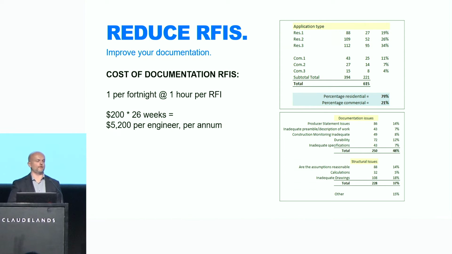Now, in the engineering firm that I used to work for, we had about 12 to 15 engineers working there. And so pretty quickly, you're looking somewhere between $75,000 and $100,000 a year that you're losing just because of documentation mistakes.